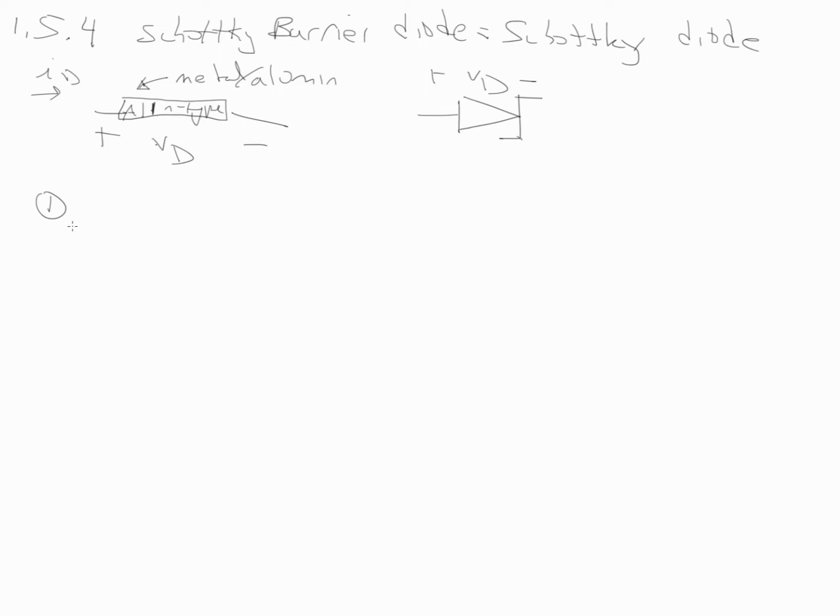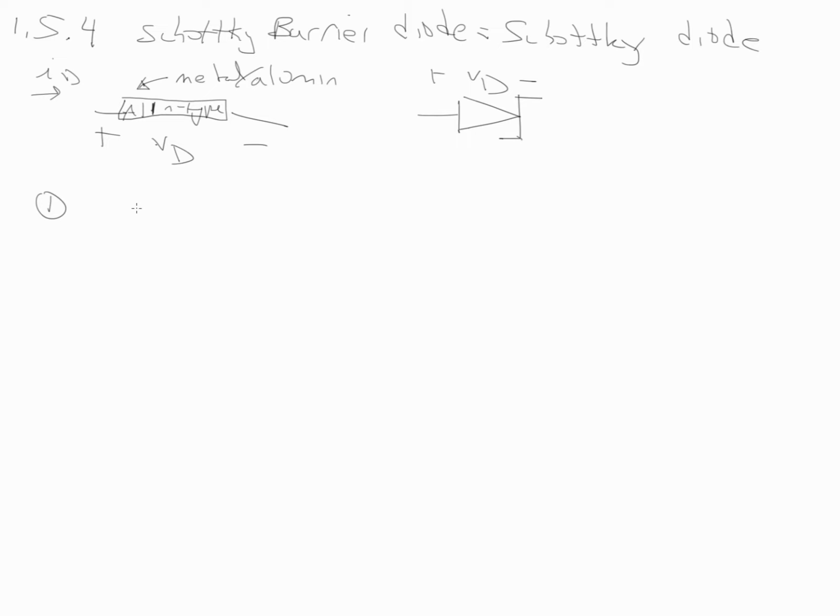And they basically say that the current mechanism is different than a p-n junction diode. The current in the Schottky diode results from the flow of majority carriers over the potential barrier at the metallurgical junction. So it's not the minority carriers, it's the majority carriers.